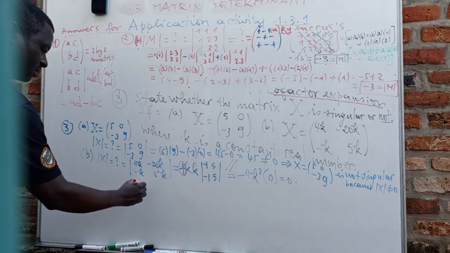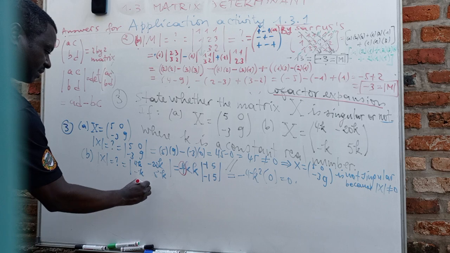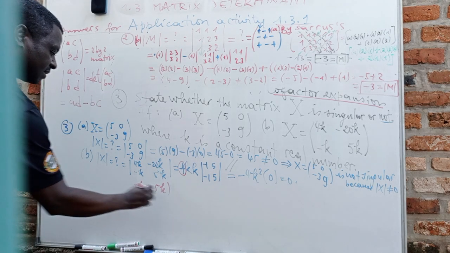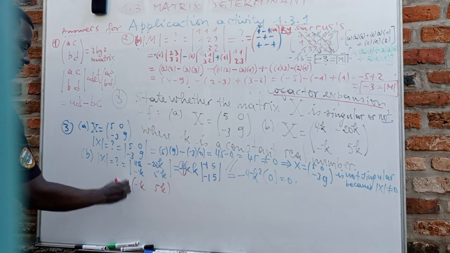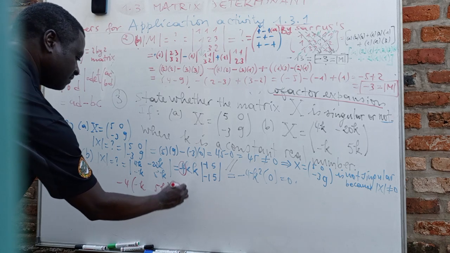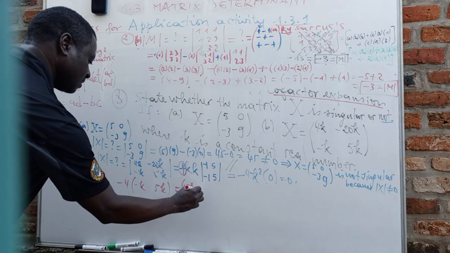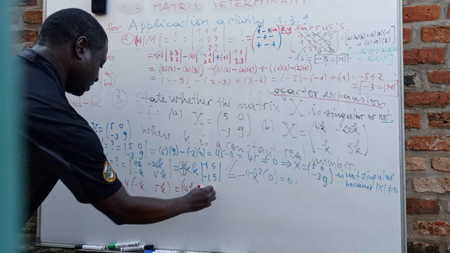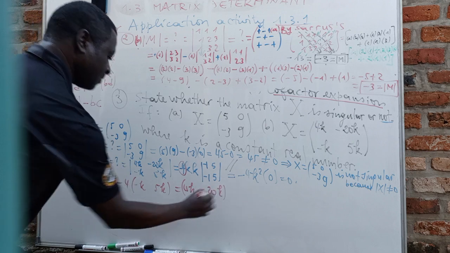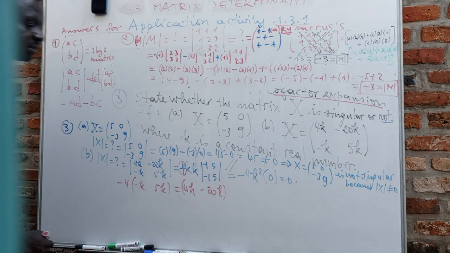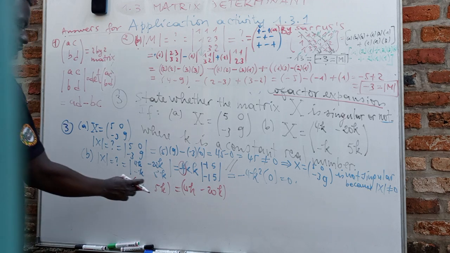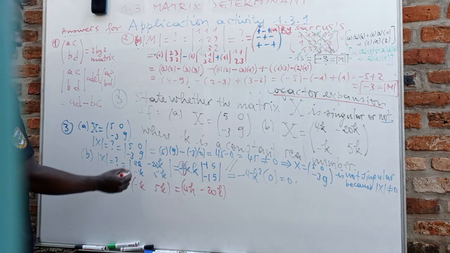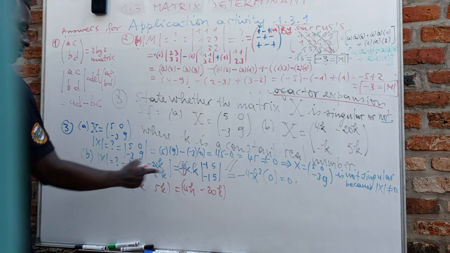The second row is negative k, 5k, and if I multiply by negative 4, it becomes 4k, negative 20k. From this fact, the determinant is already equal to 0.